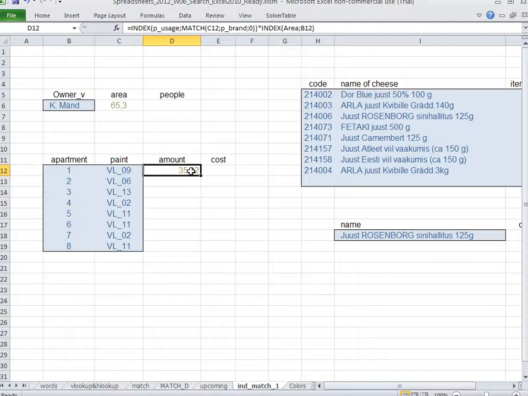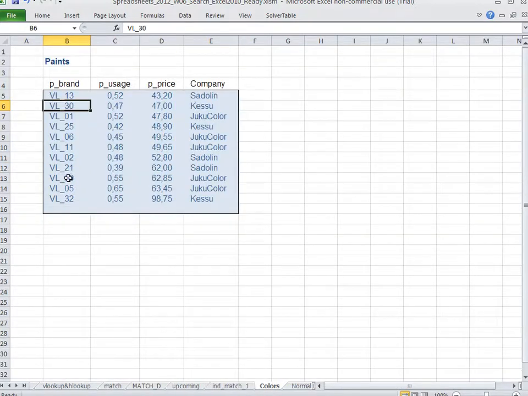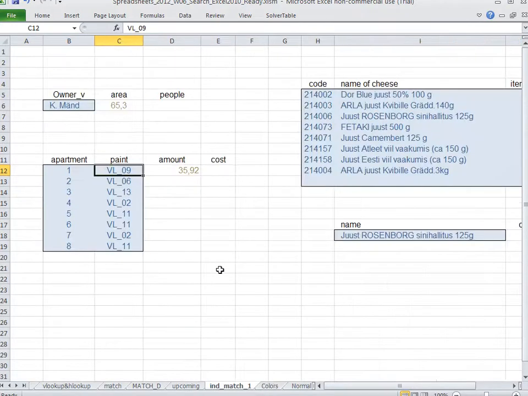Okay, the other thing, the cost. The cost will depend on the cost of paint VLO9. So we do a kind of INDEX and MATCH, the same as VLOOKUP. We go to table paints, search for VLO9, and look up its cost or price. So here is how we write it.